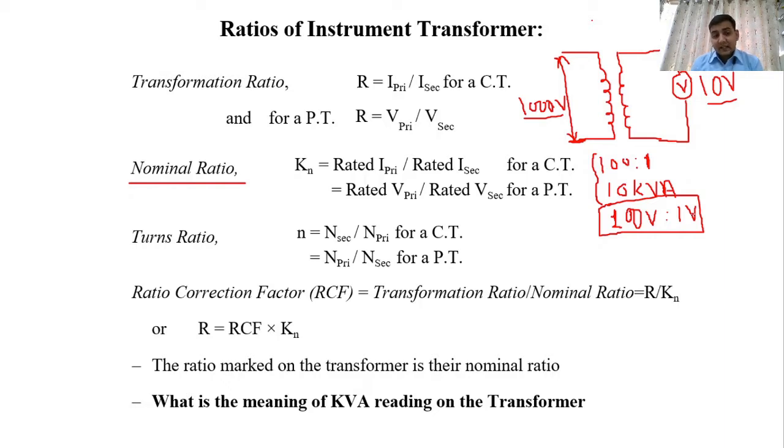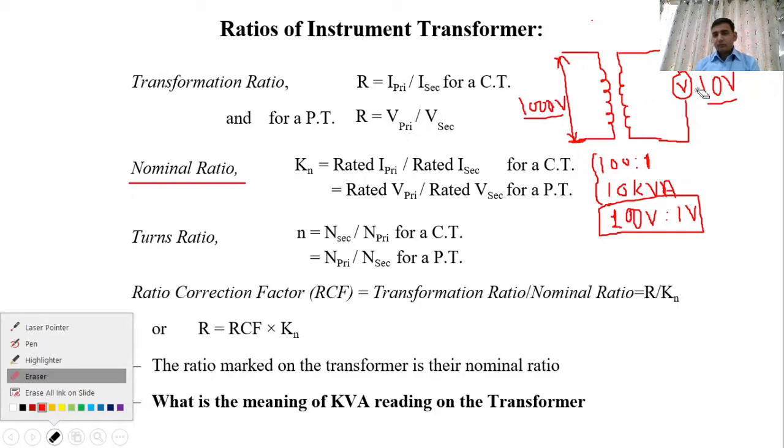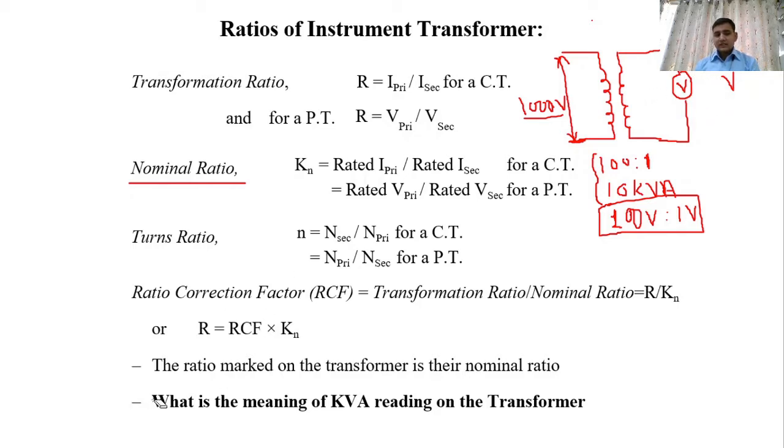in practicality, in the ideal case where no losses are there, the transformation is the same as the nominal ratio, but in case of some losses like our copper losses and iron losses, this ratio can be 1000 to 8.